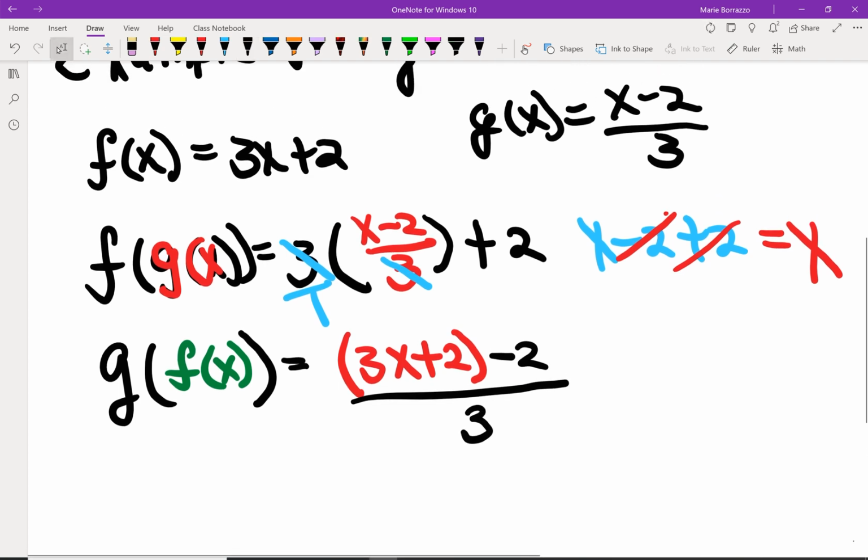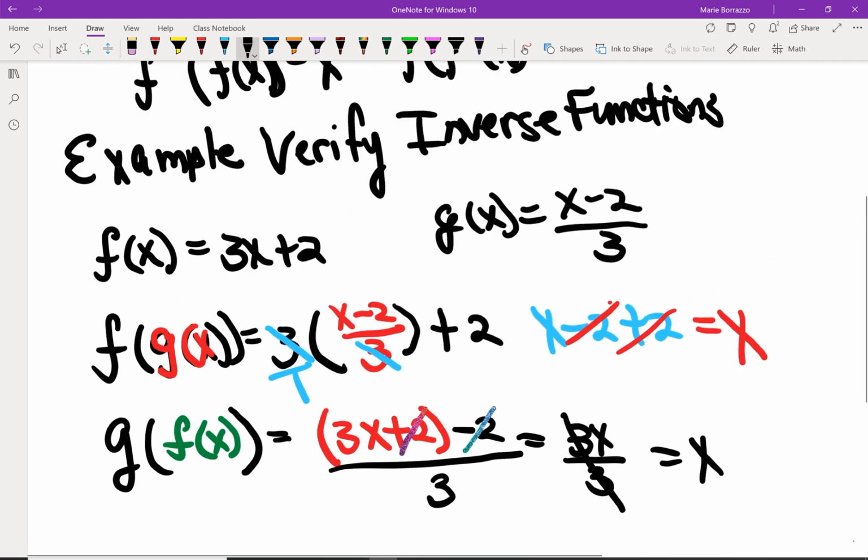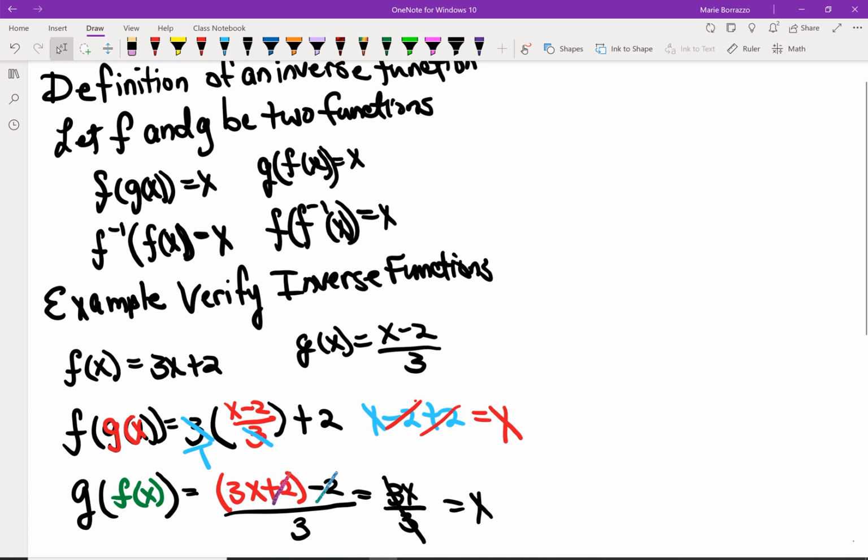Mathematically, you can immediately see that the 2's are going to cancel, leaving you initially with 3x over 3, which obviously the 3 cancels, leaving just x. So again, this is just the definition of what an inverse function equates to. And we just proved it with this example.